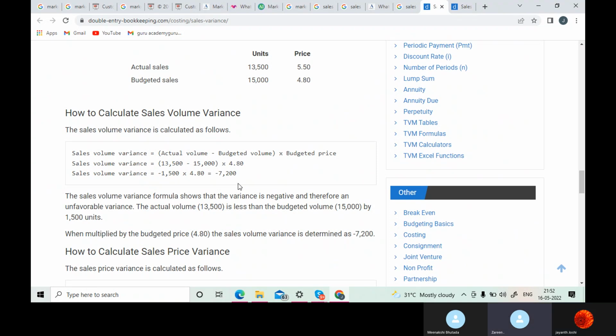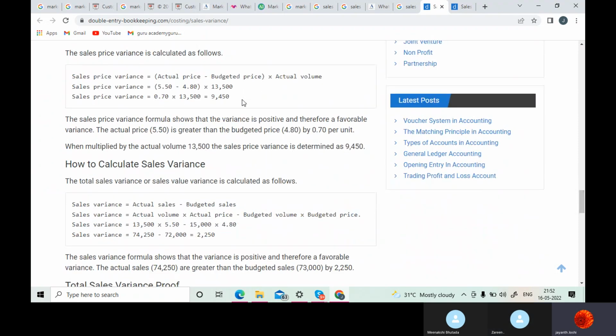Yeah, I got it correct. Good. 7,200, here 9,450. That also I'm showing. Totally, 2,250. Yes, sales value variance, correct?